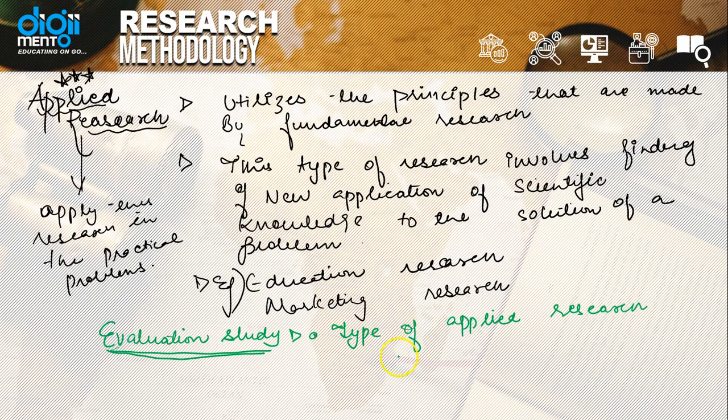So in that kind of research you are using the evaluation study. So an example is a family planning scheme, and it's a type of applied research, because you are applying your research in real life. So it's a type of evaluation study.